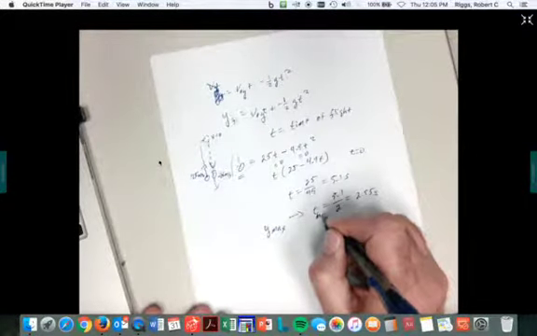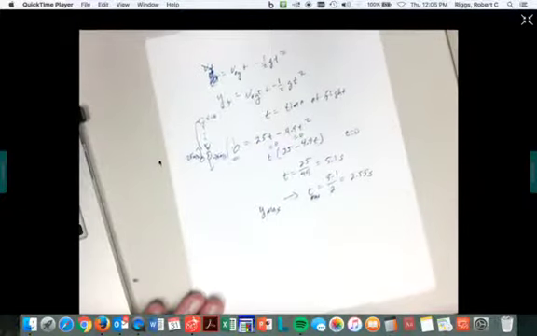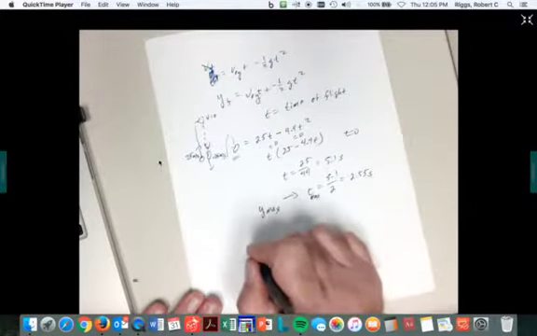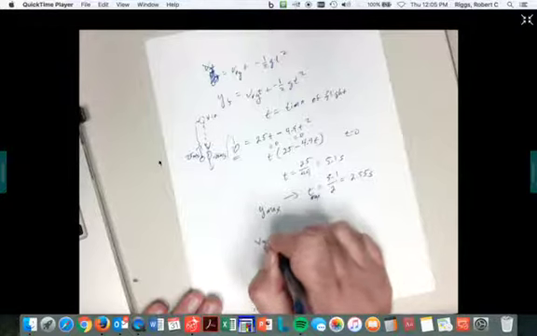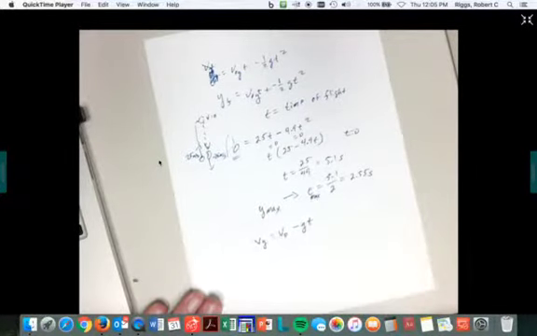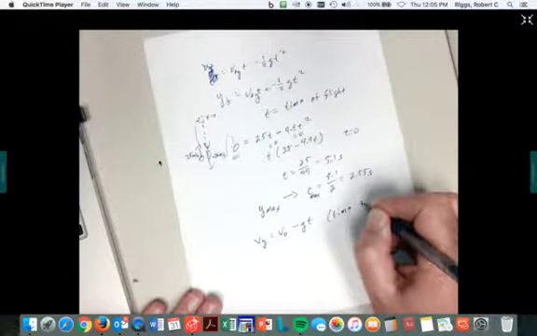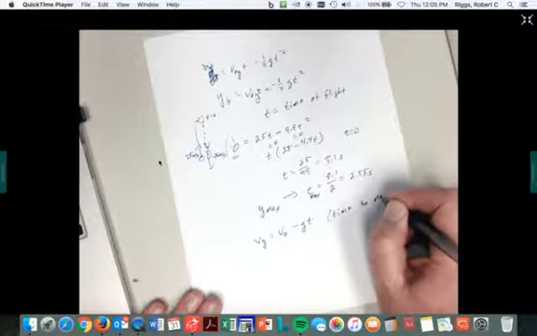The time to get to the maximum height is this. Or we could use this, and one of your classmates came around and asked, why didn't you use this? V final is equal to V initial minus gt. Oh, duh. This gives me the time to max height.